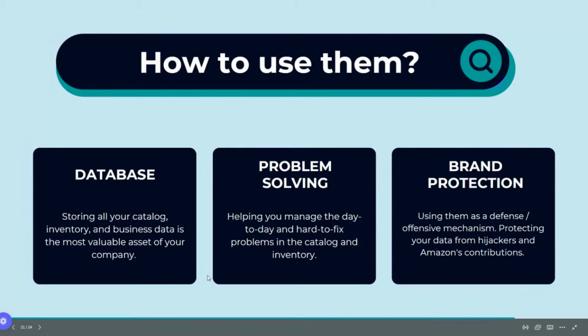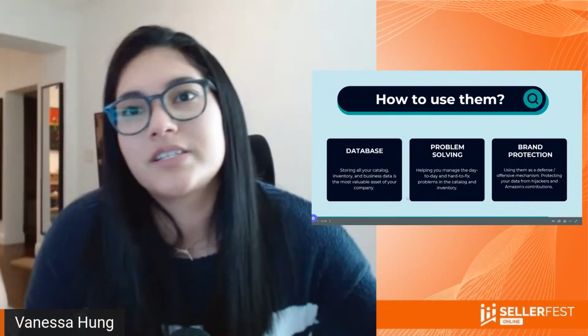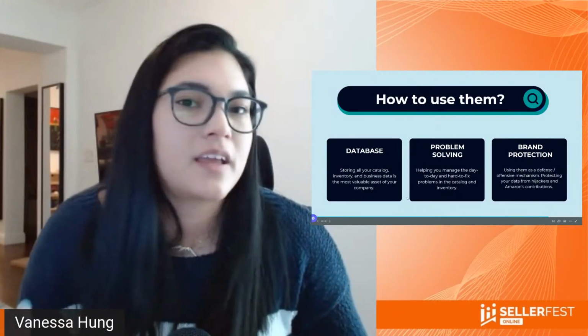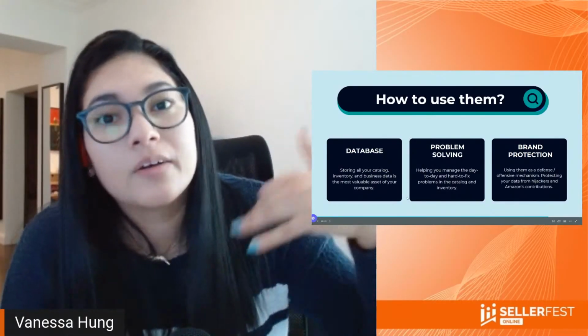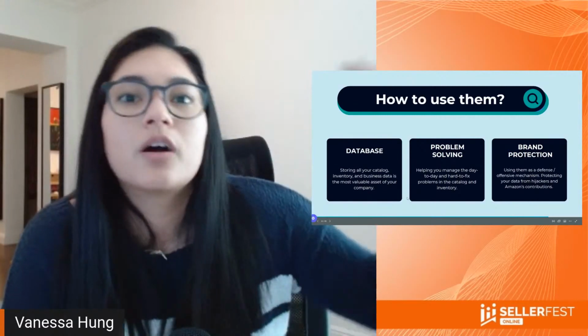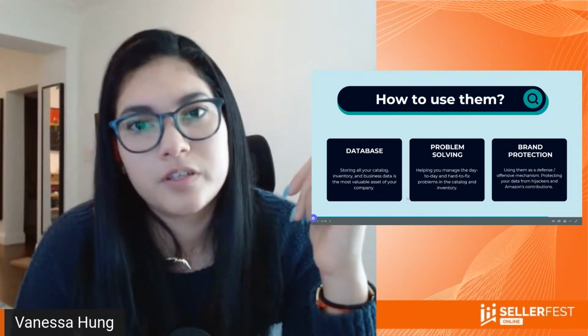Guys, when times are good, you don't have any issues. Everything is perfect in your account, you're selling, you're super happy, and then you're going up in the ranking, going up in search and indexation and all that. And that's when problems start happening.